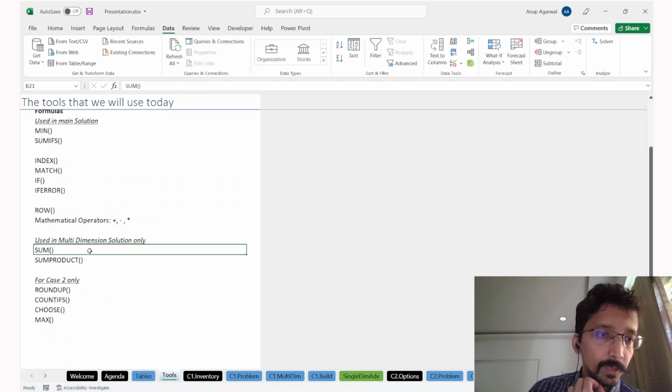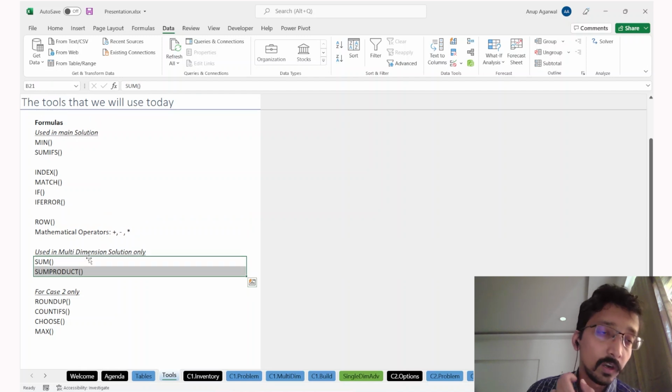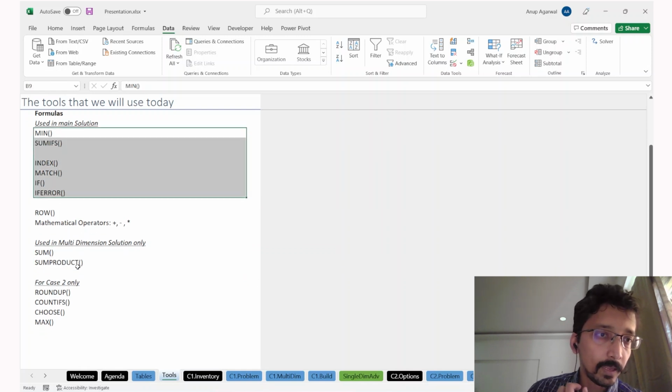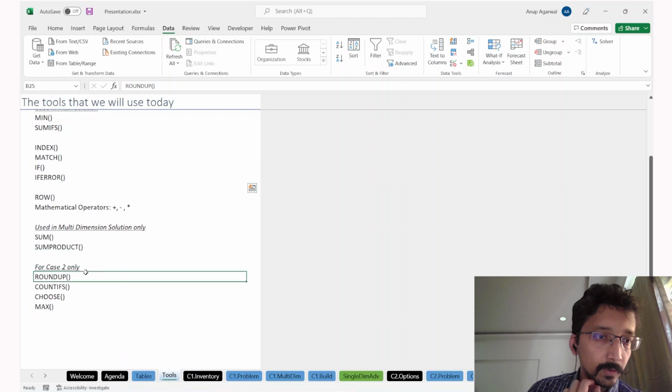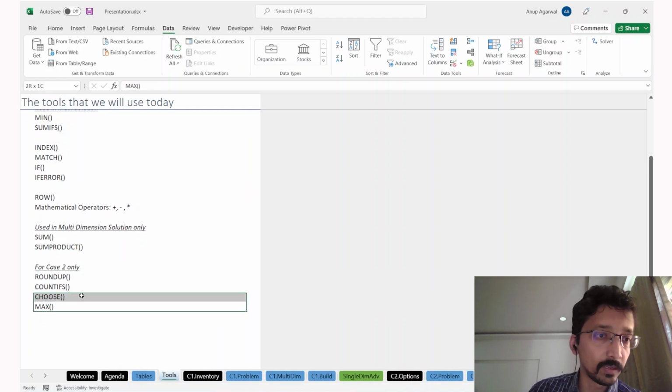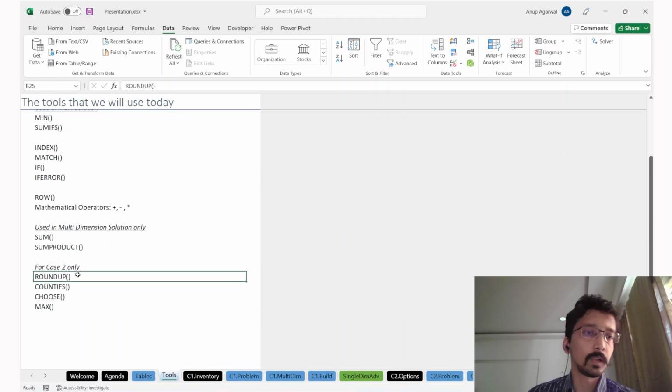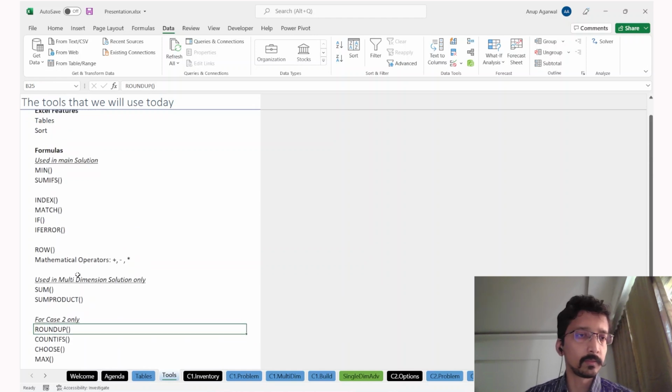There will be some other functions which we will use in other or alternate solutions, which is not the main solution which we will be looking at. And then when we review the second case, there are some additional functions which we will look at. So I don't think the list has any exotic, difficult functions.